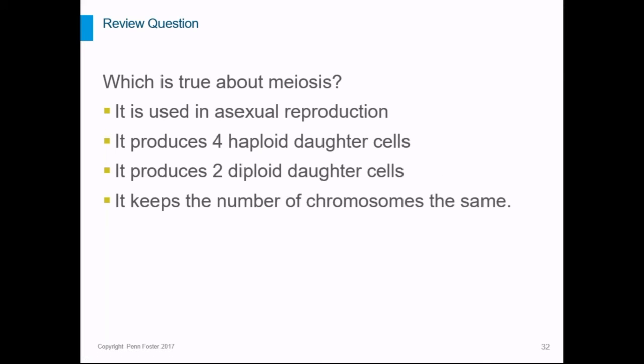Okay, well, I'm sad to see that not everyone voted, but those of you that did a good job. So, which is true about meiosis? Well, first of all, it's used in asexual reproduction. That is not true. That's mitosis. So, mitosis is a cell dividing and producing a similar cell.